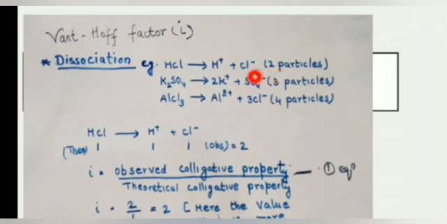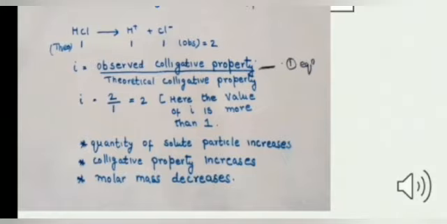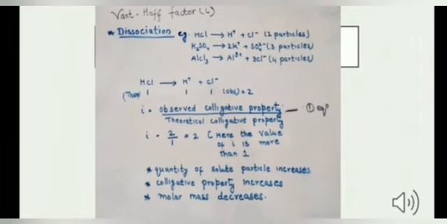Let us see how. Some examples are given, that is HCl. When HCl dissociates it forms H plus ion and Cl minus ion. The number of particles before dissociation is 1, and when it dissociates the number of particles increases to 2.